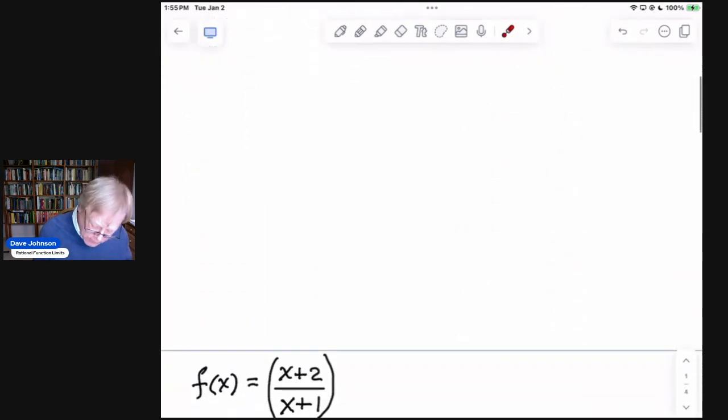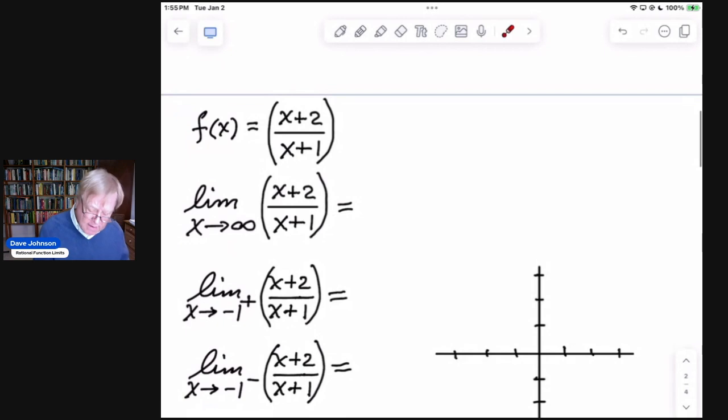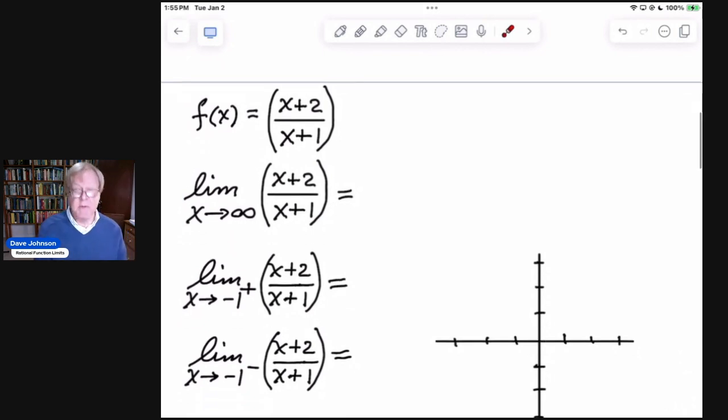Okay, so let's look at the function f of x equals x plus 2 divided by x plus 1, and we want to look at the asymptotic limits. And so again, as x approaches infinity, now the thinking here is a little different.